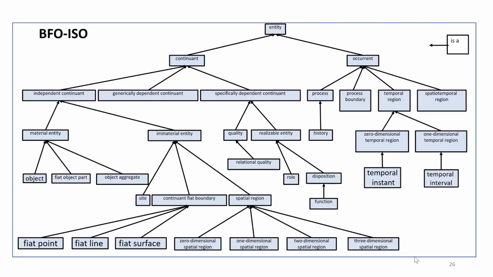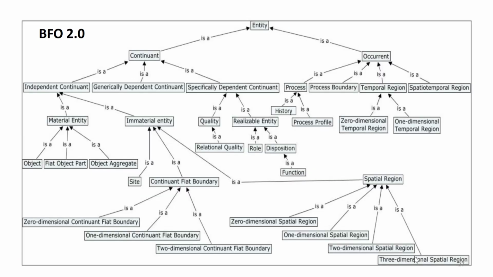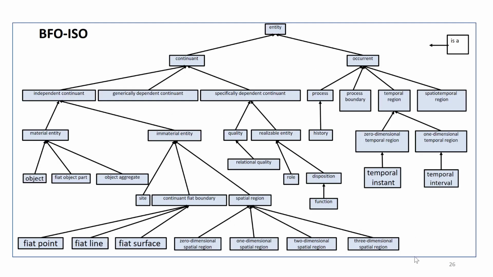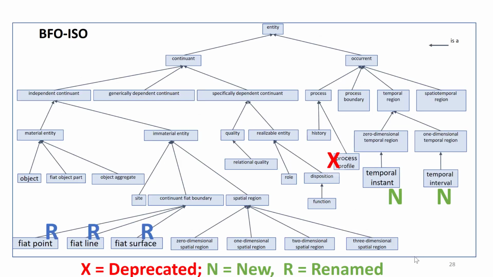Now, this is BFO-ISO, just the ISA hierarchy. And this is BFO2. The colors are slightly different, but there is actually very little difference between those two. I'll tell you what the differences are, and Alan will go through some more detailed differences later on in the tutorial, but the main ones are as follows.